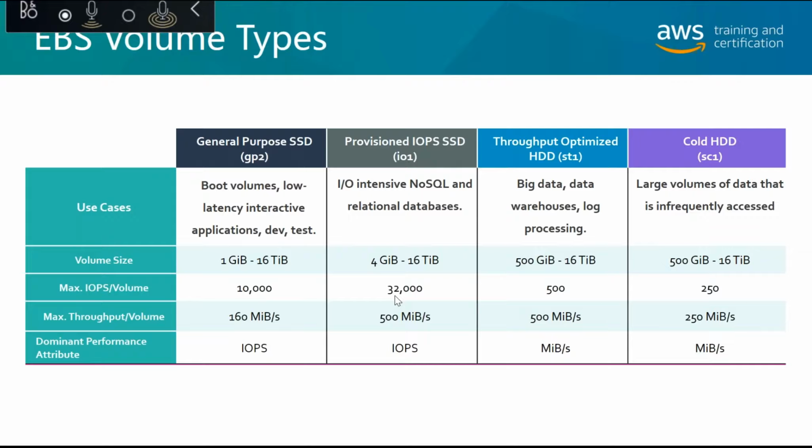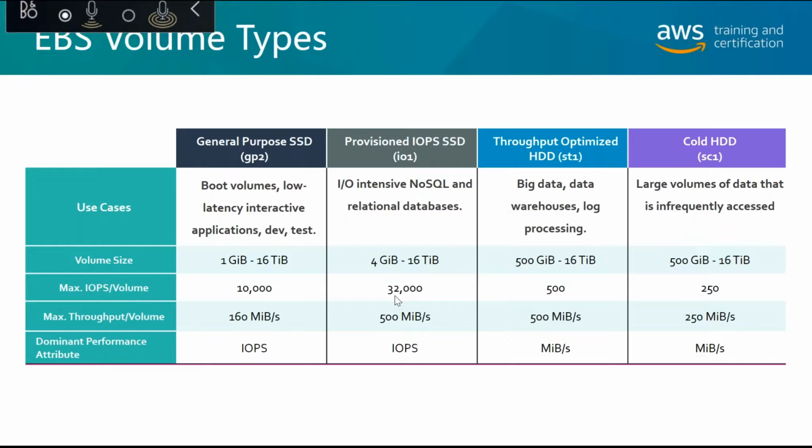And then you have throughput optimized HDD. And if you look at that one, pay attention to the use cases. That one is for log processing, big data, data warehouse. And this time, instead of focusing on the IOPS, I want to focus on throughput. So look at the throughput that is on the slide.